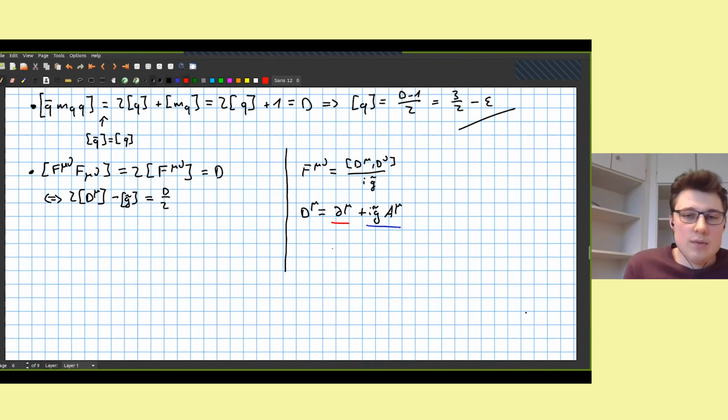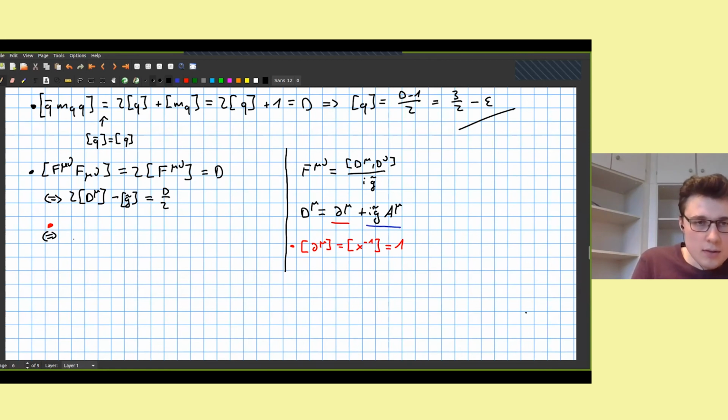The first part is quite easy, because we know that the mass dimension of a partial derivative is equal to the mass dimension of x to the minus 1, which is simply 1. Okay. So we can use that here. So let's give this a red dot. So you know that we use the first part.